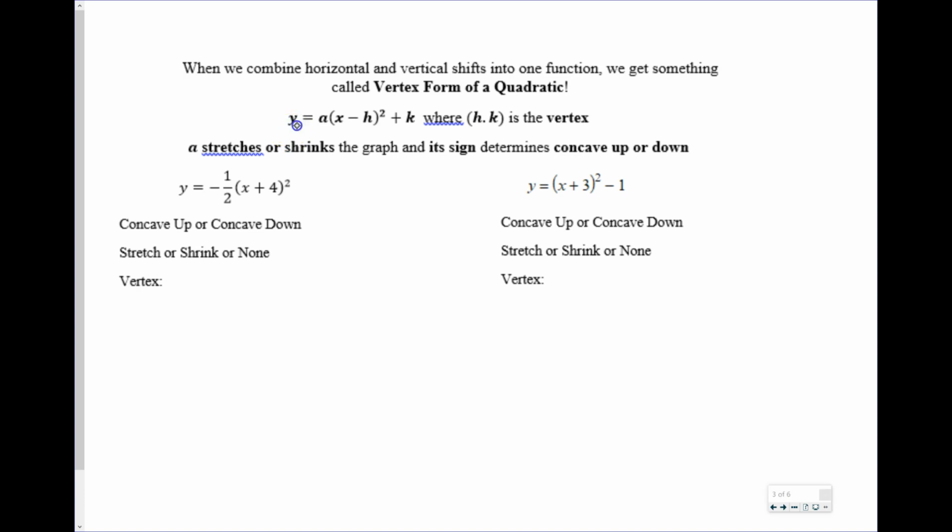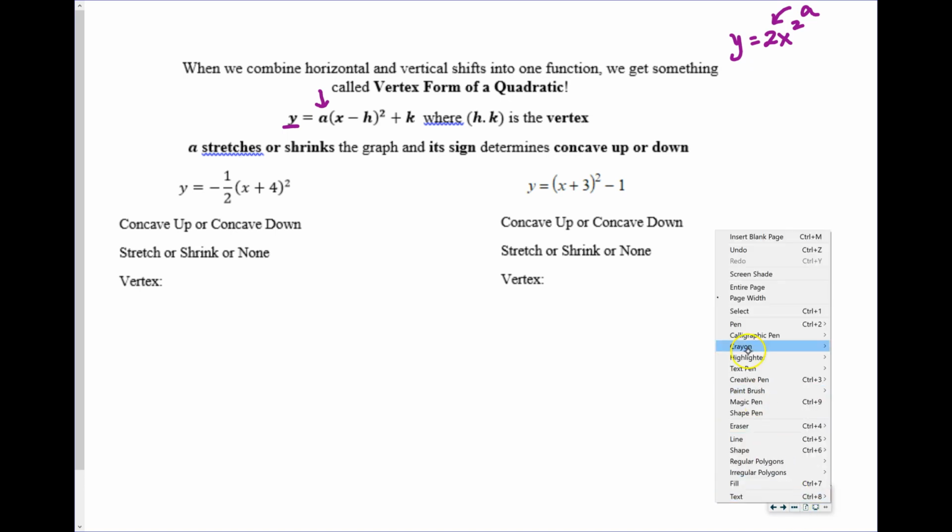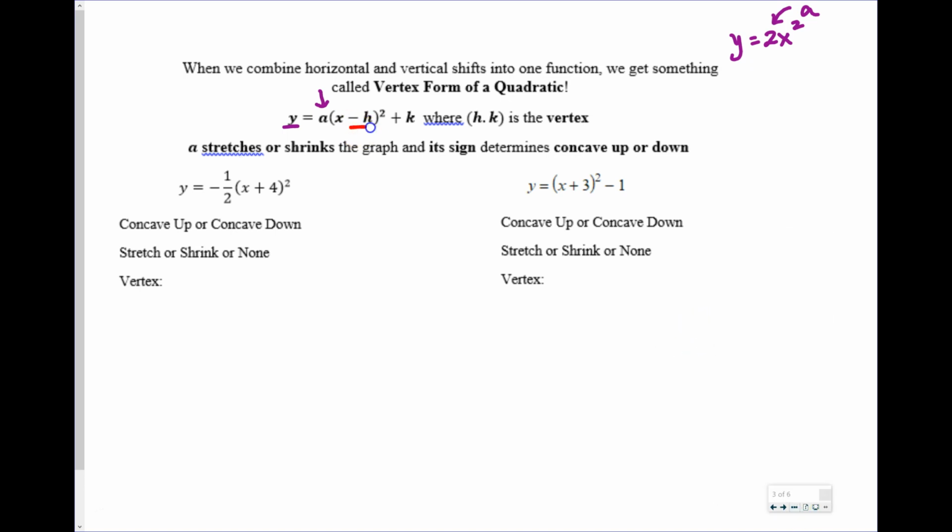So y equals, this is our formula, there might be a number in front of your equation, that's a. That's just like before when we had like y equals 2x squared. In the previous learning target, that was our a. Remember that a stretches or shrinks the graph, and its sign determines whether it's concave up or down, so that doesn't change. What will change is what we just talked about, where we have like a number inside.